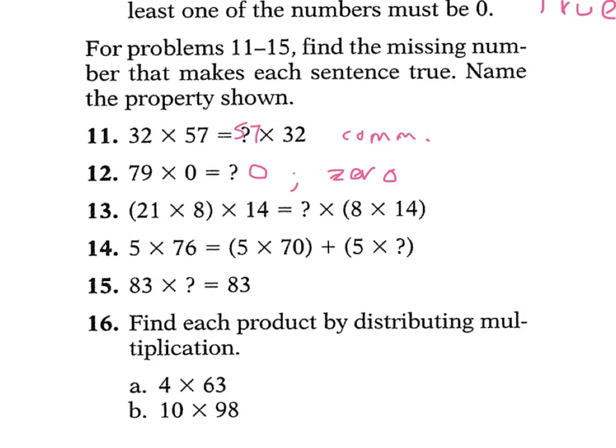13, 21 times 8 times 14 is equal to, this again here would be 21, since that's our number that's missing, and the only thing changing is our parentheses, which means that this is the associative property. 14, we have 5 times 76 is equal to 5 times 70 plus 5 times 6, and this would be our distributive property.